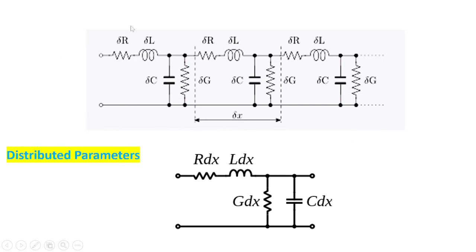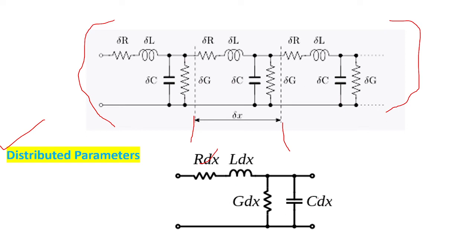That is why they are also called distributed parameters. The distributed parameters are nothing but your primary constants. RLCG are not at a particular place, they are throughout the entire line. But if you consider a small piece of unit section like this, that unit section will have one resistor, one inductor, one conductance and one capacitance, right?